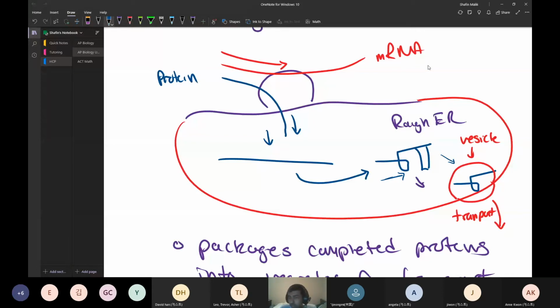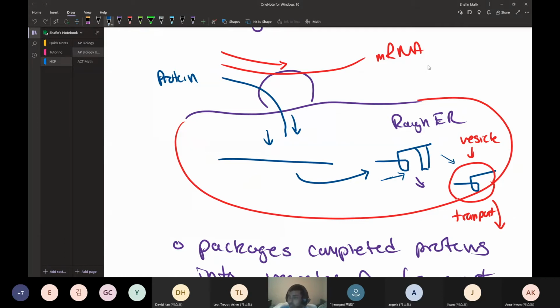This vesicle does not go straight to its destination unless that destination is the Golgi apparatus, which is another organelle. First, this vesicle goes to the Golgi apparatus, and then it will go to another place depending on if it's supposed to end up somewhere else.